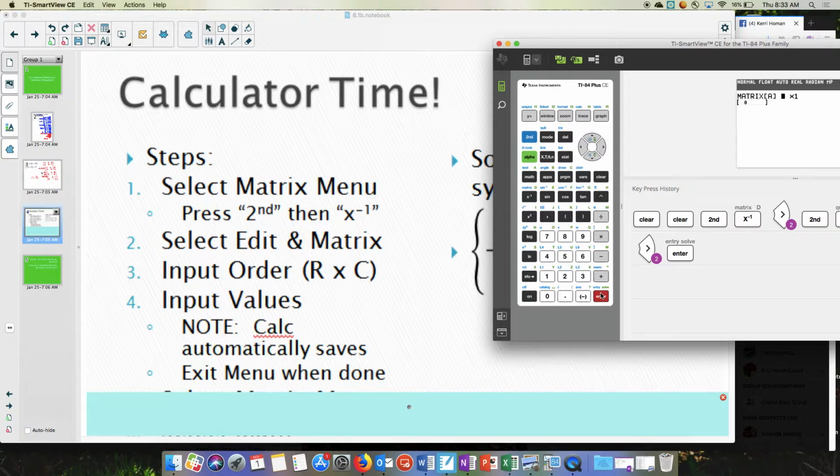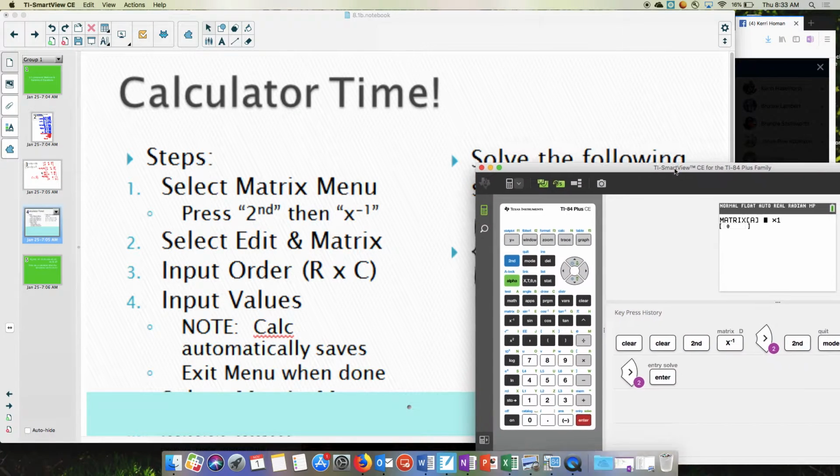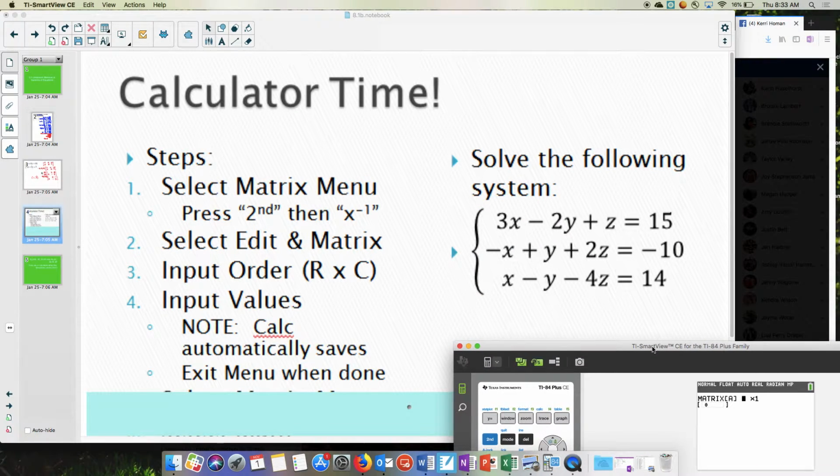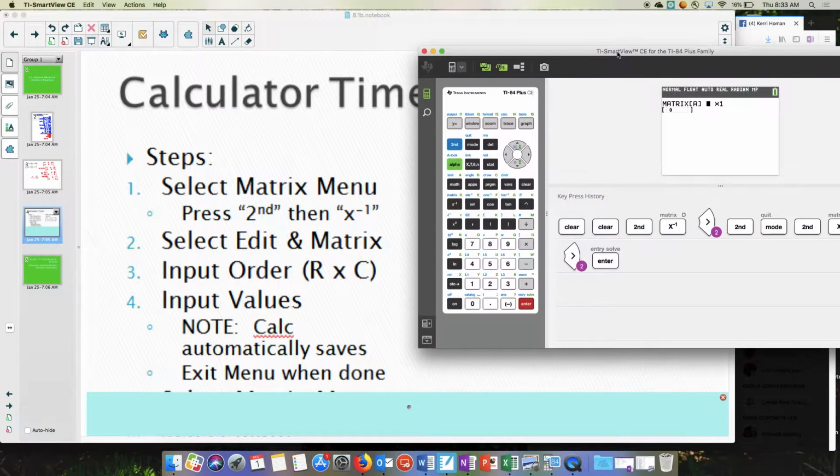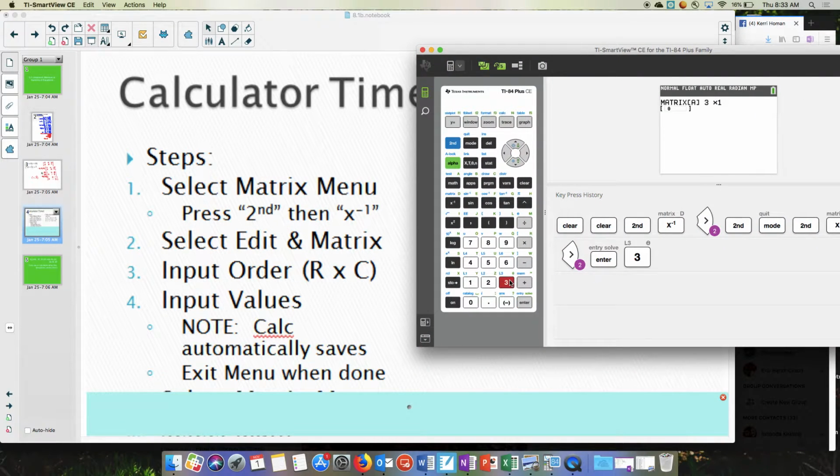It's going to ask you for the order of your matrix. What's the order of our matrix? 3 by 4. So enter 3, enter 4, enter. And do you see how it gives you 3 rows and 4 columns?